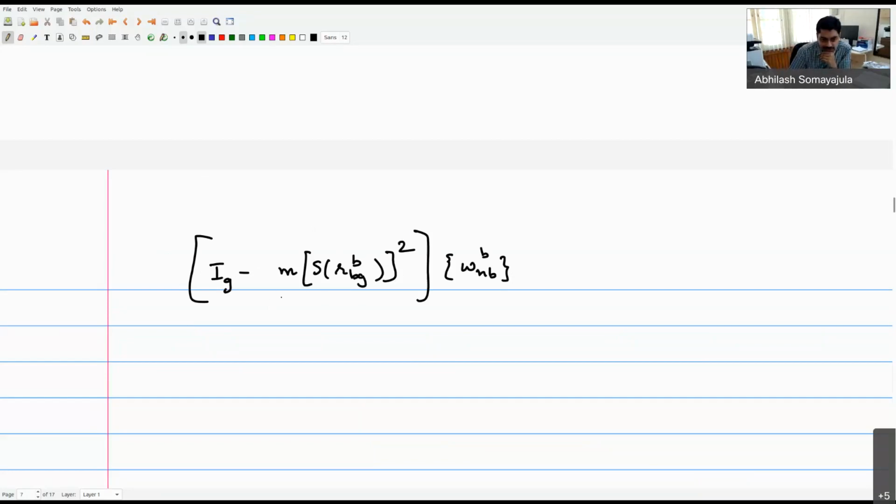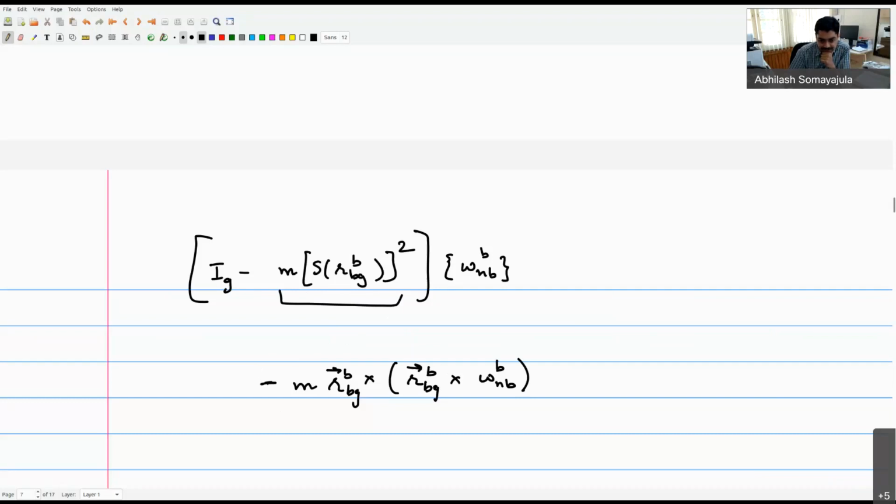So if I want to see what this is doing here, I have M times RBGB cross RBGB cross omega NBB, negative of that, right?